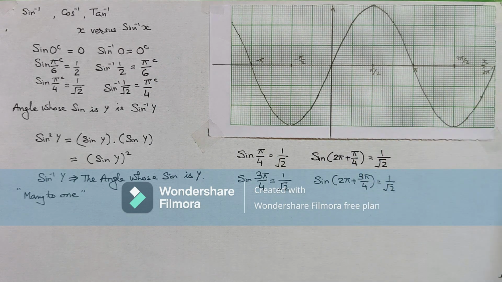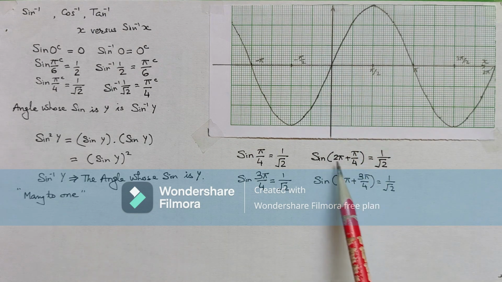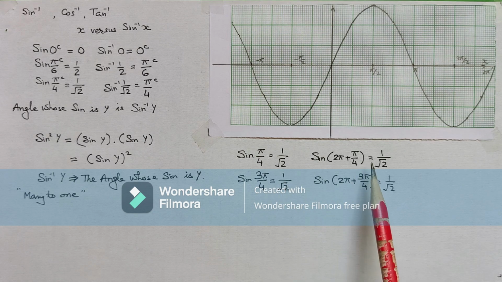Since the curve is repetitive, sine of multiple angles, you keep adding 2 pi, 4 pi, 6 pi, you will keep getting the same result for sine 2 pi plus pi by 4, sine 4 pi plus pi by 4, they will all work out to 1 by root 2.